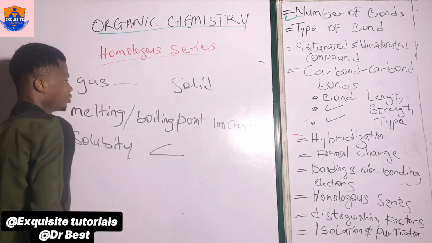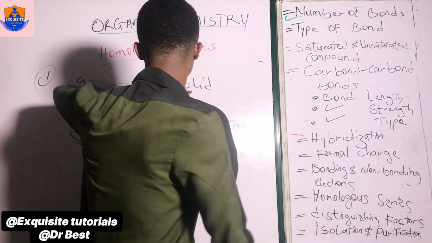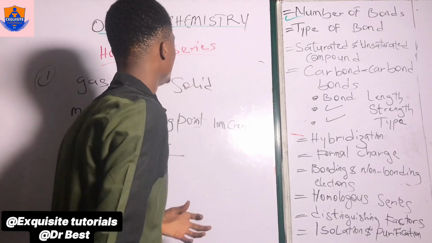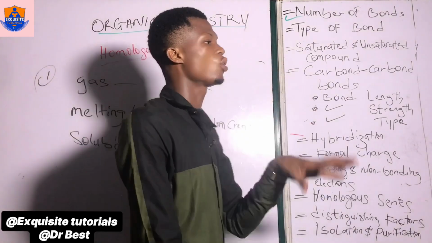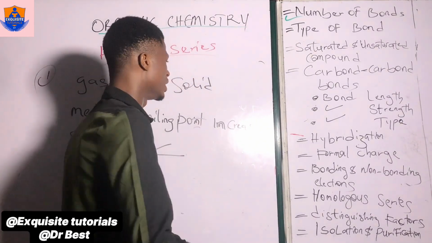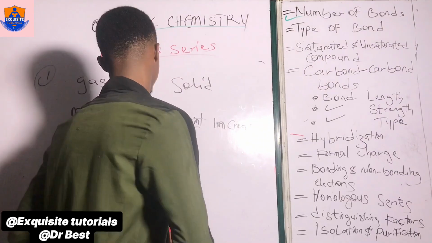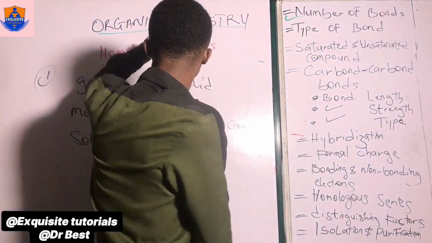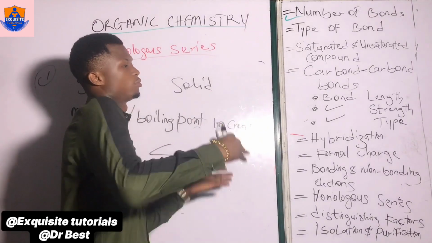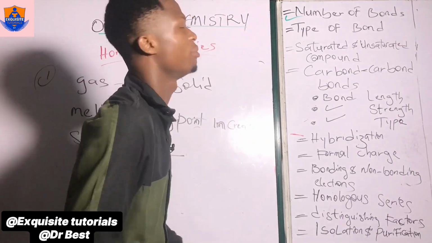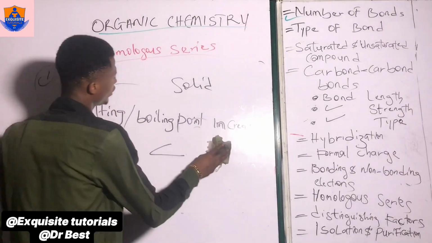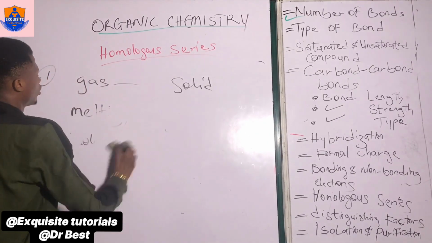Which means, let's say for example, pentane is going to have a higher boiling or melting point than the first member, which is methane. Also, the first members are more soluble in water than the last members. The first members are gases to liquids, then the last members are solid because they become more condensed down the groups. So that's all we should be talking about for homologous series.